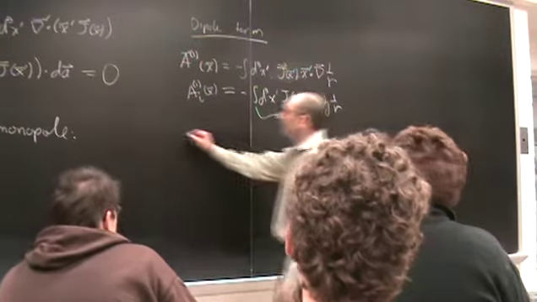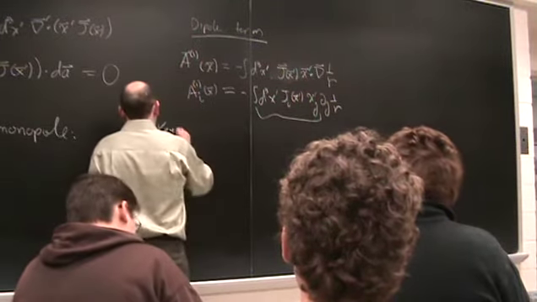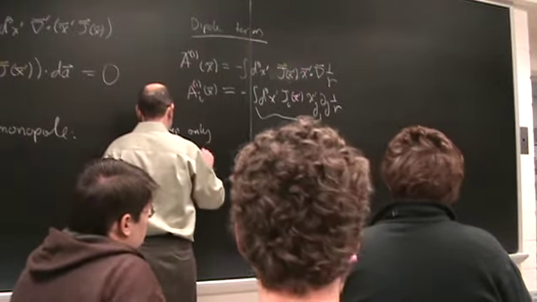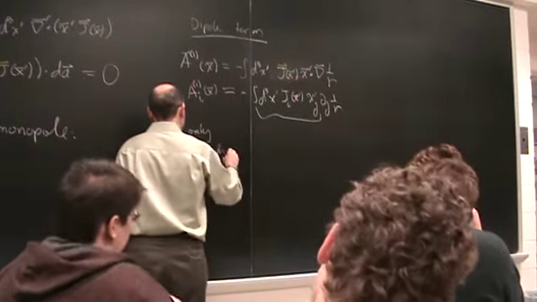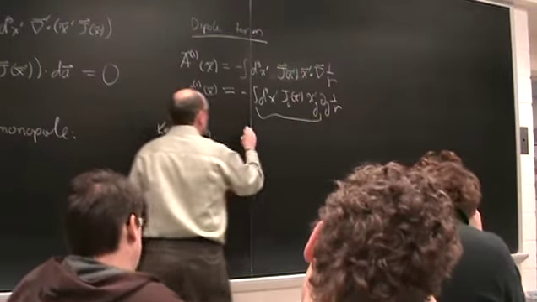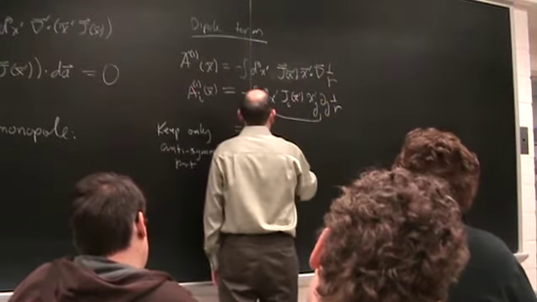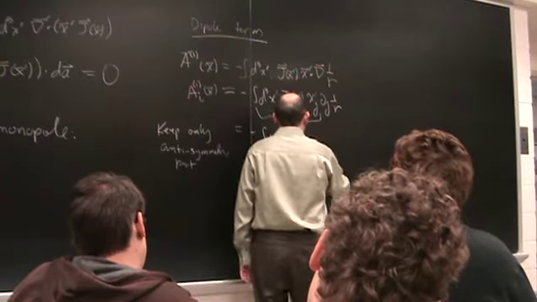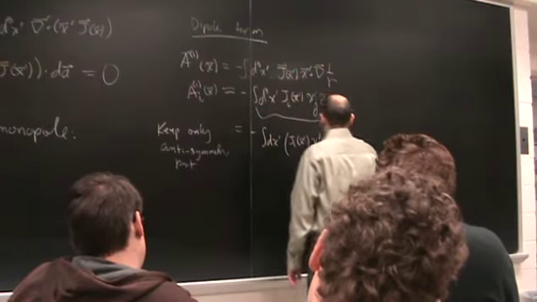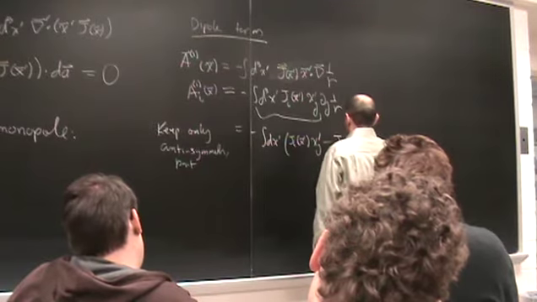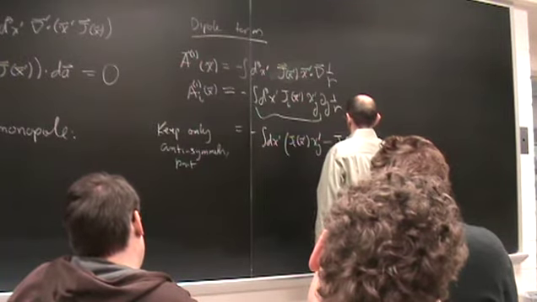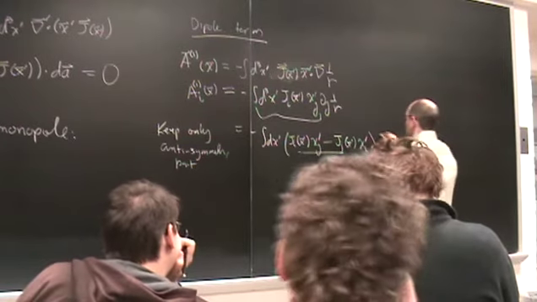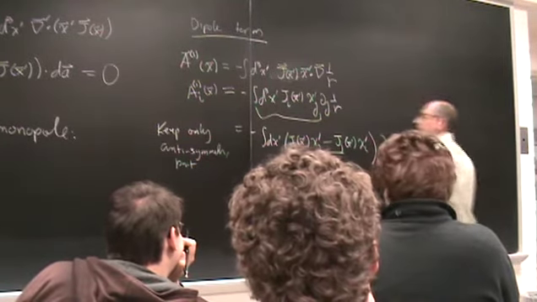So we keep only the antisymmetric part, which is ji xj minus jj xi over 2, partial j 1 over r.